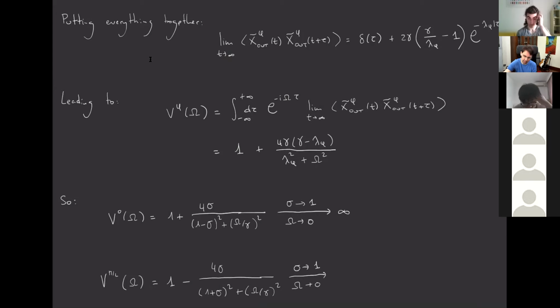You see that the numerator and the denominator are both equal to 4. And then when you subtract that from the 1, you get a 0. Huh. This is awesome. This is perfect squeezing. Okay, it's perfect squeezing. Even though inside the cavity we have only 50% of squeezing.